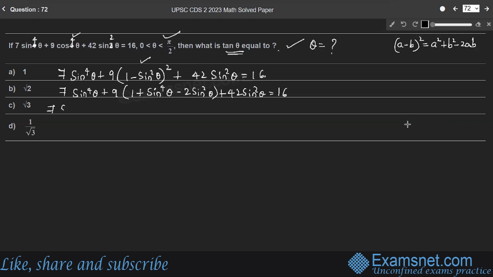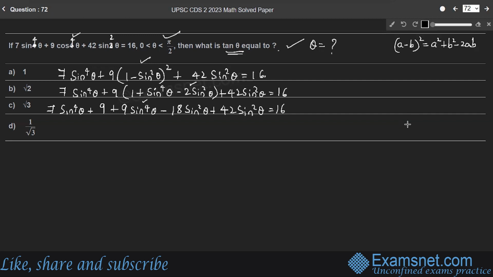So 7 sine raised to 4 theta plus 9 into the second term, which is 9 plus 9 sine raised to 4 theta plus 9 into minus 2 sine square theta, which is minus 18 sine square theta, plus 42 sine square theta is equal to 16. We'll simplify it.